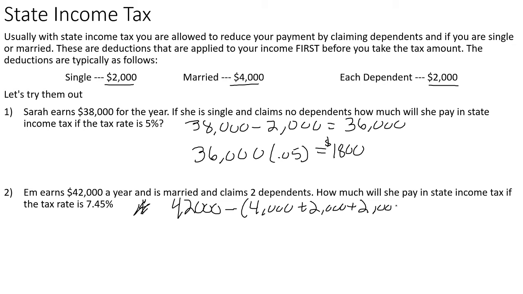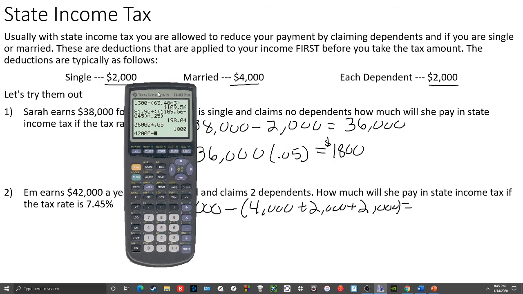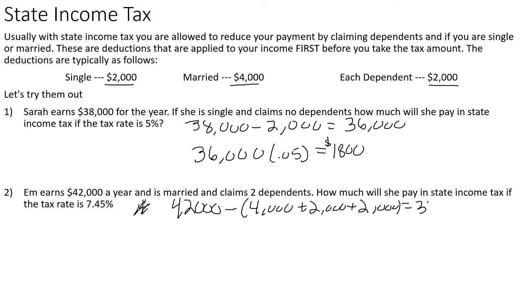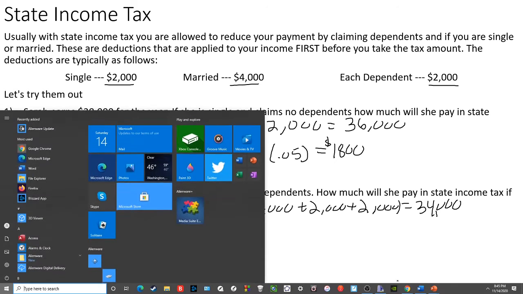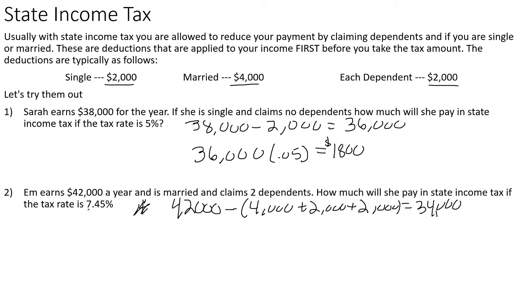And so in total, she is going to be taking out or saving 4,000 plus another 4,000 is 8,000, so minus 8,000. 34,000. So she's only going to get taxed on $34,000 of income. Yeah, 34,000. But her tax rate is 7.5%.